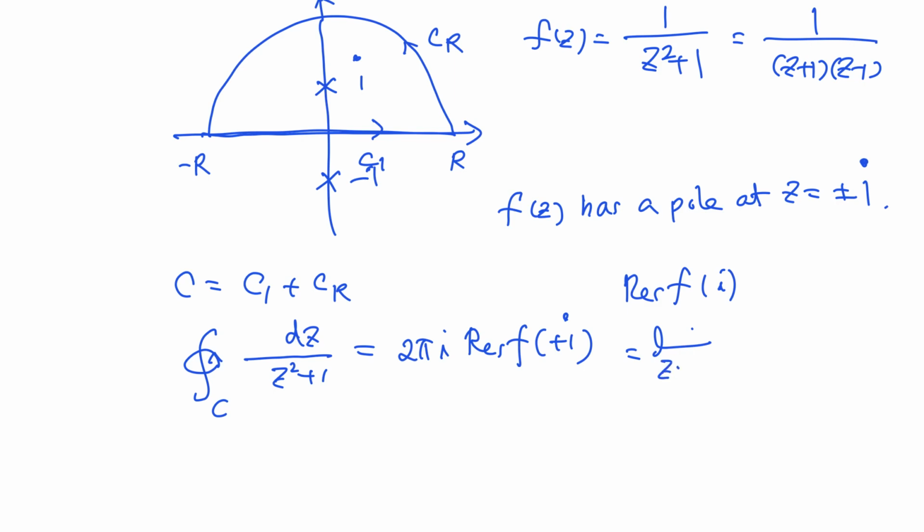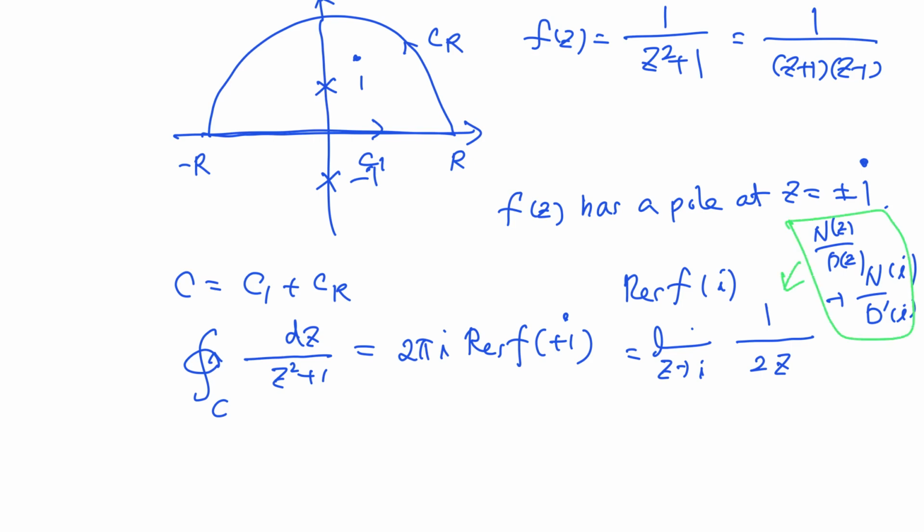Limit as z goes to I of 1 over, you have 2z, right? So you have the numerator over the derivative of the denominator, which becomes 2I, using this formula. So this is 2 pi I times 1 over 2I, which is pi.